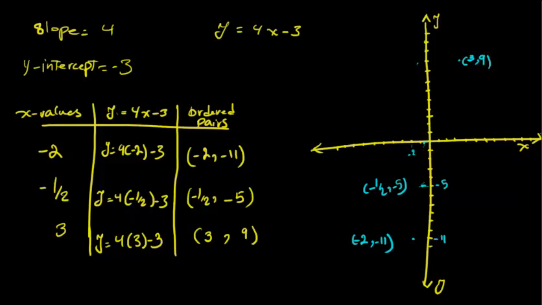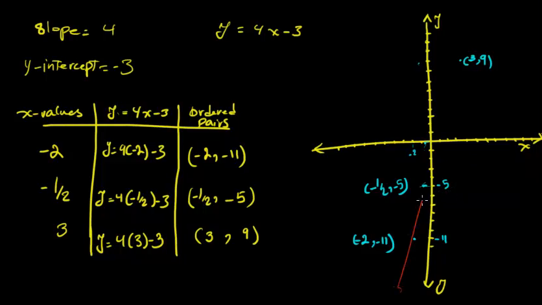Now we can draw a line which is going to look like this. This is our line. As you can see, it passes through the y-axis at minus 3.